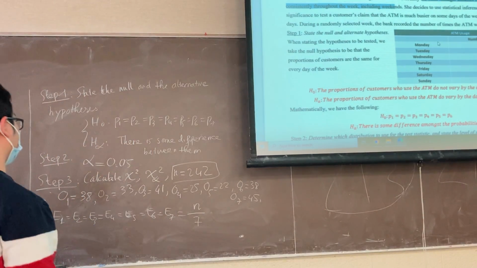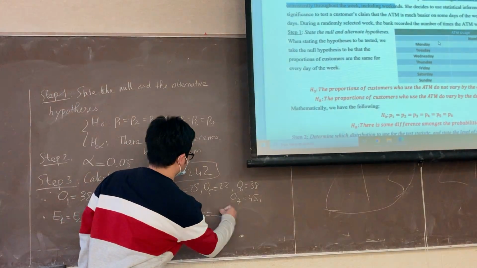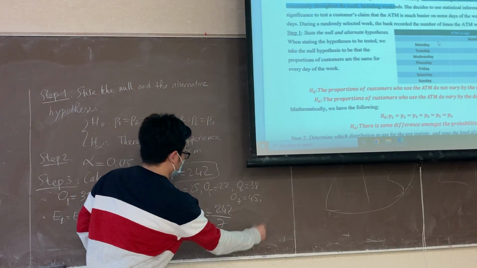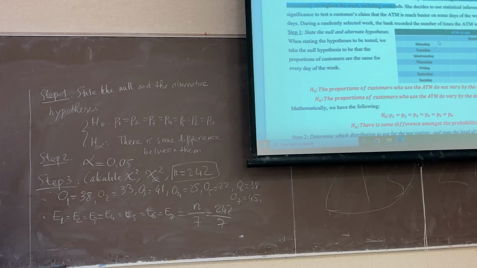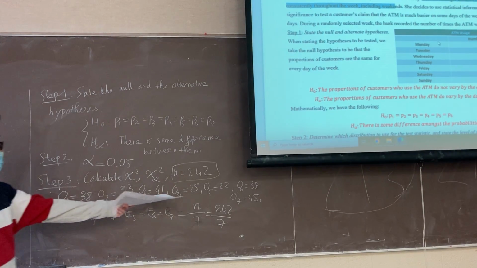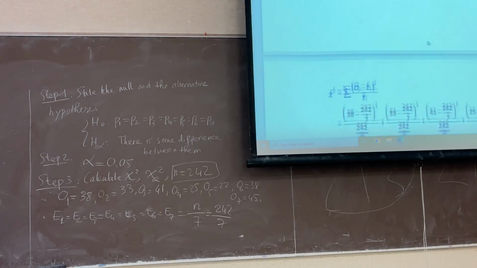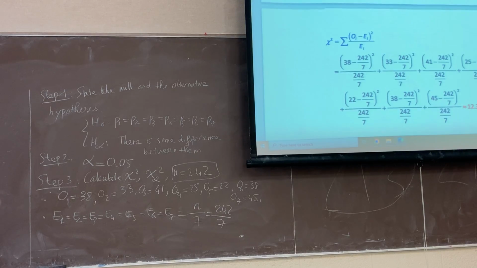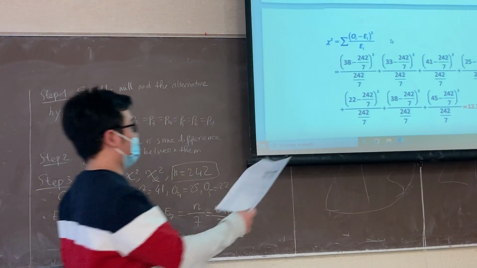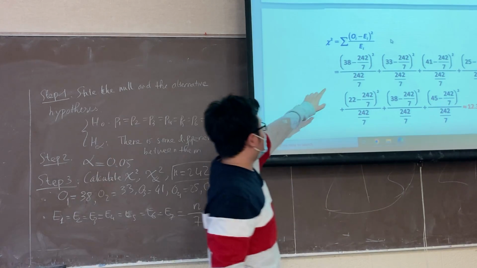Okay. And after that, because you have 7 values, N over 7 means this number. When you have O1, O2, O3, O4, and E1, E2, you relate to the formula and find chi square. O1 here is 38, right?